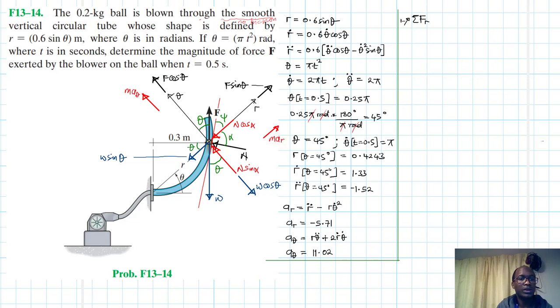So this is just equal to m a r. Okay, and what do we have in that direction?